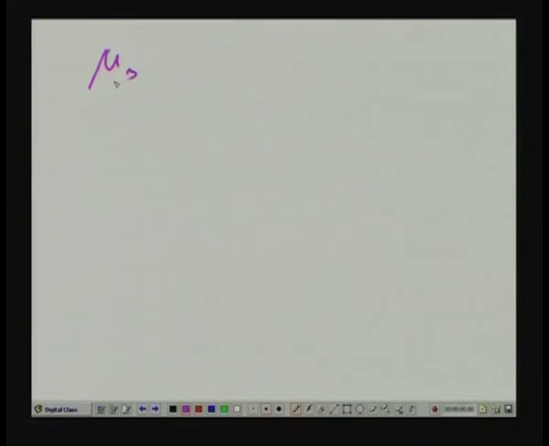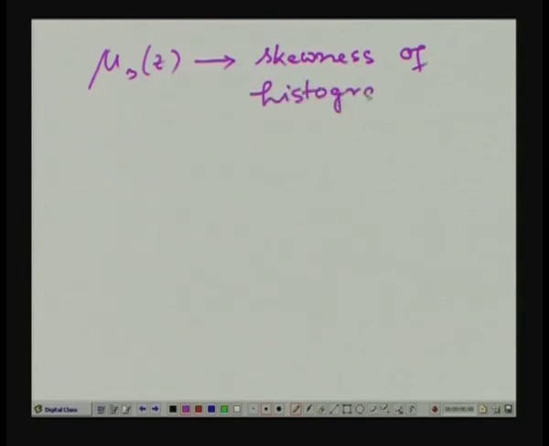Now, there are other moments, say for example, mu 4 or mu 3, that is the third order moment. You find that this mu 3, the third order moment, tells you the skewness of the histogram. Similarly, the fourth order moment mu 4 tells us the relative flatness of the histogram.